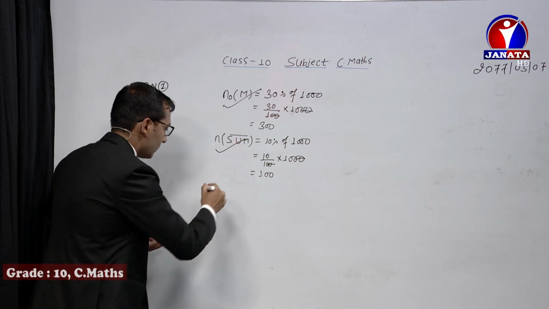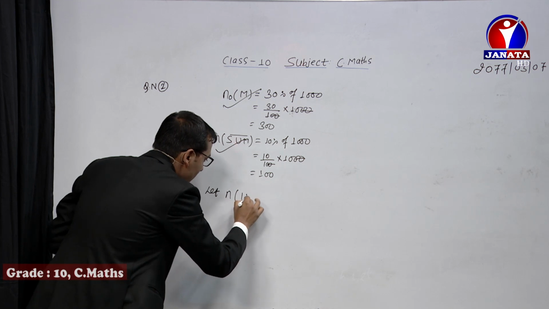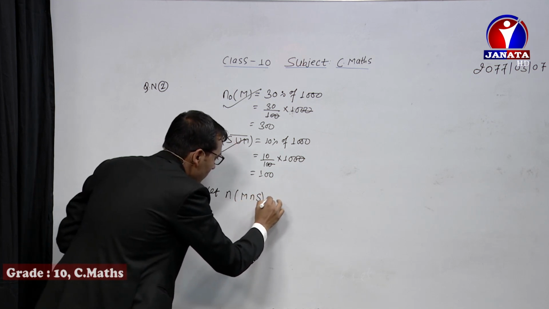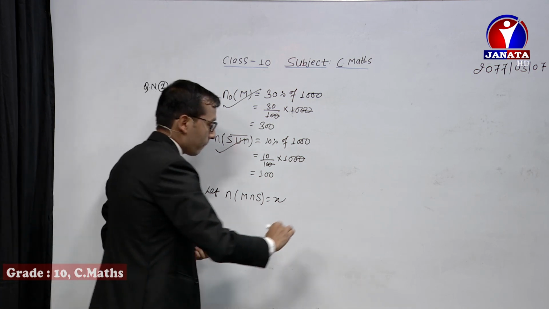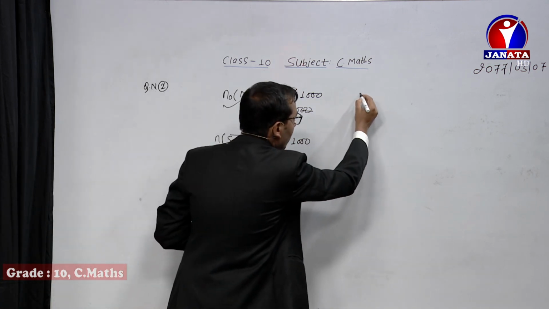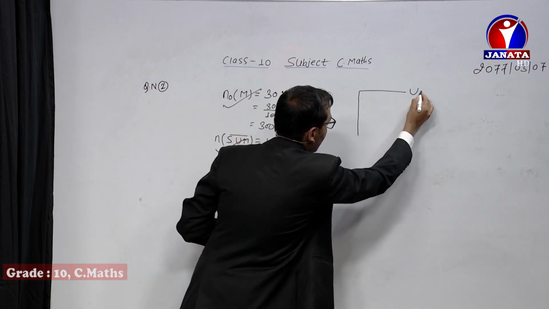Okay, so let's write: let math intersection science be X. Now we can represent this in the Venn diagram. To solve this, let's draw a Venn diagram.